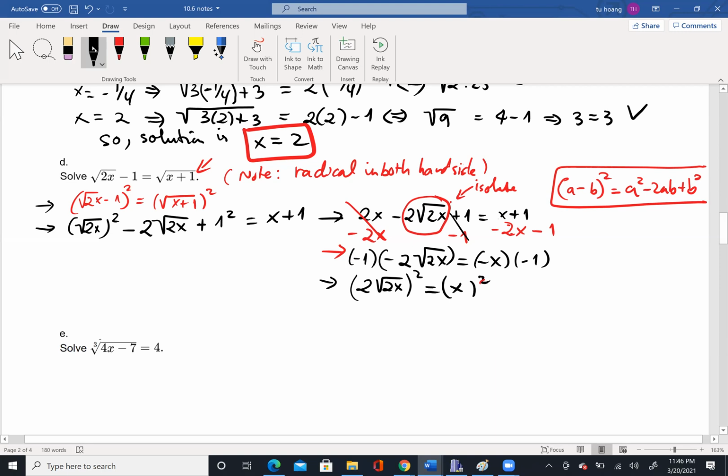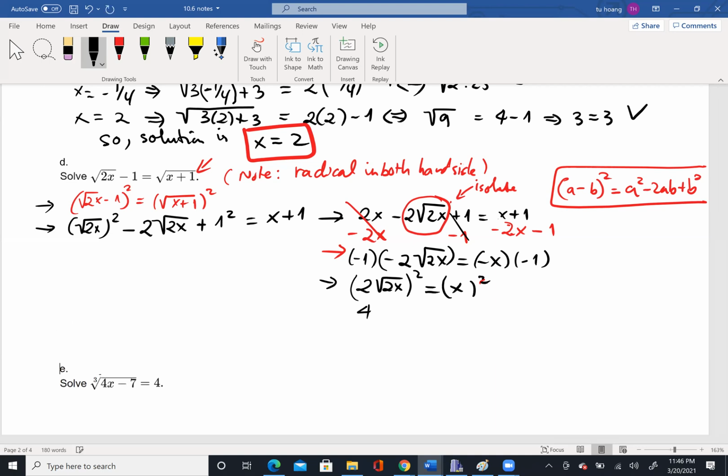The left hand side gives me 4 times 2x, if you remember the power rule in exponents, and the right hand side gives me x squared.